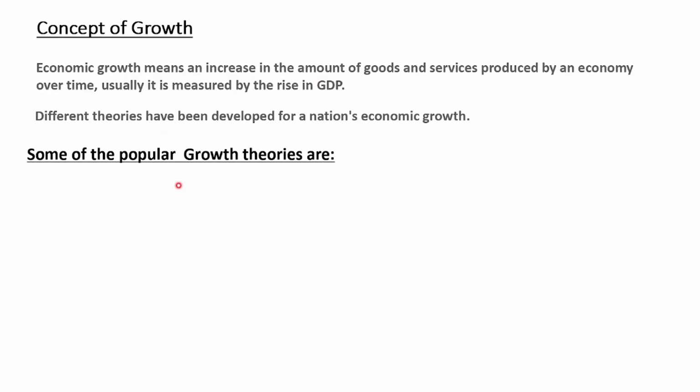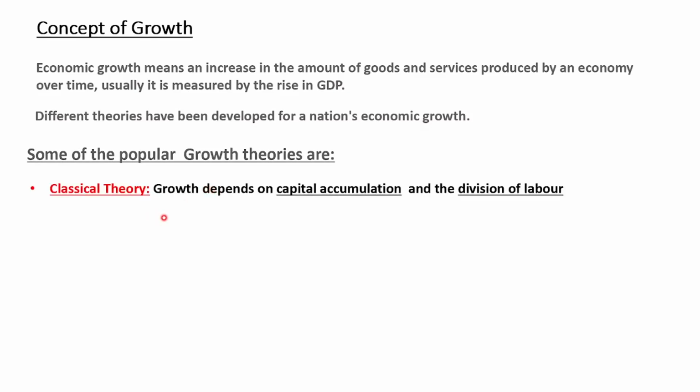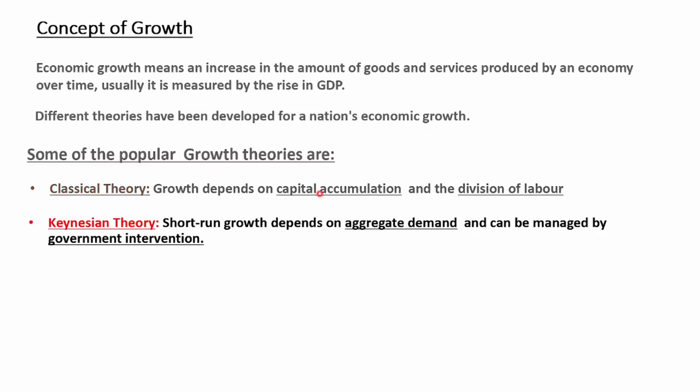Some of the popular growth theories are the classical theory, where growth depends on capital accumulation and the division of labor. Here capital means plant and machinery, or those goods which help to produce other goods and services. According to Keynes, in the short run, growth depends on aggregate demand and can be managed by government interventions.